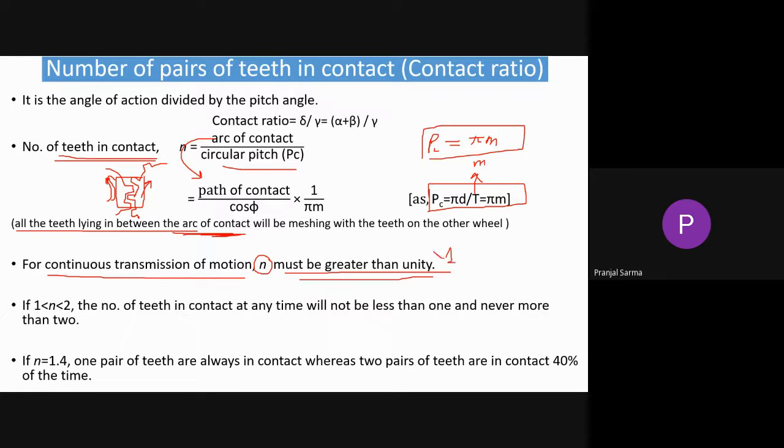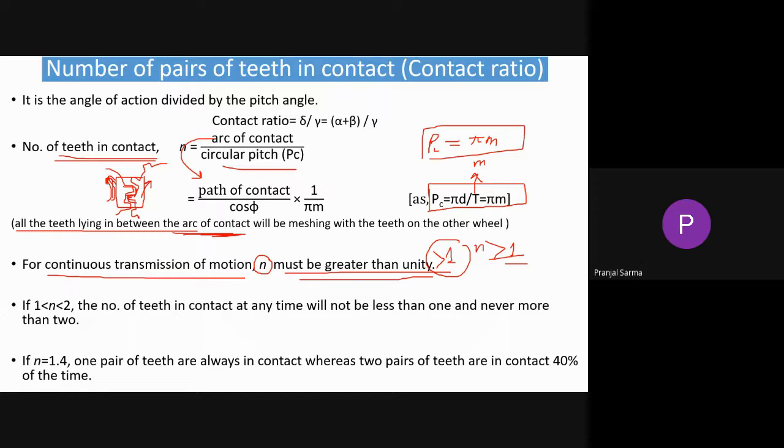If at least a pair of teeth is in contact, only then can you expect transmission of motion from one gear to another, because the transmission happens through the engagement of the teeth only. If the teeth are not in contact, we cannot expect any motion transfer. So this n has to be greater than one.